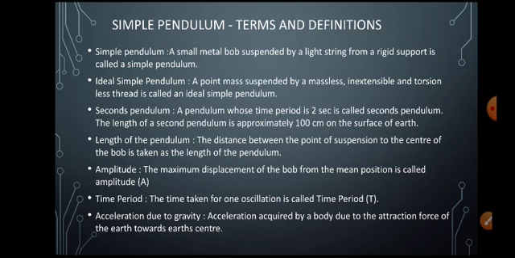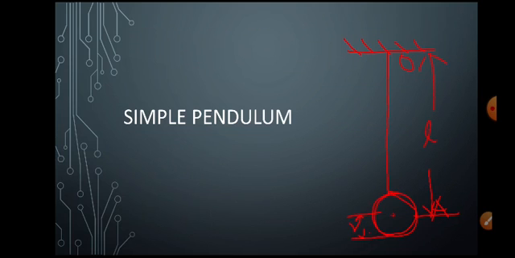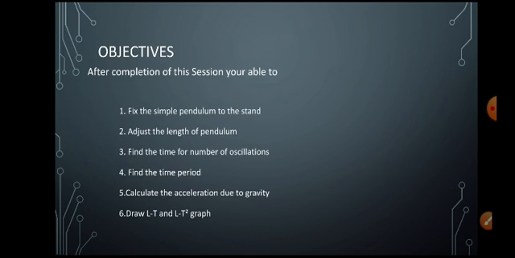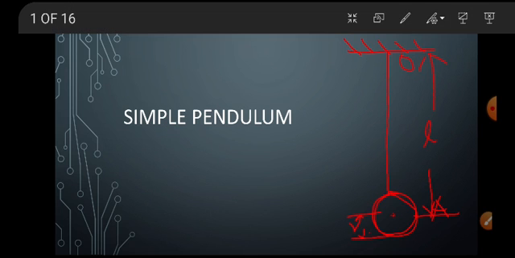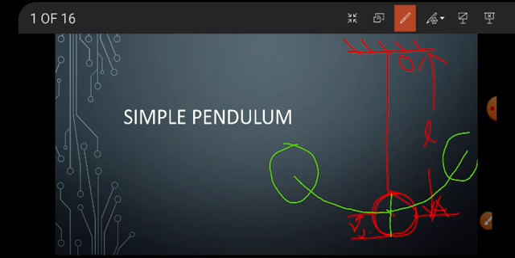So the simple pendulum makes oscillations. From the mean position it goes left and also goes towards the right.